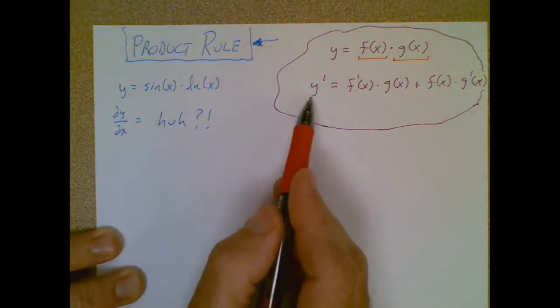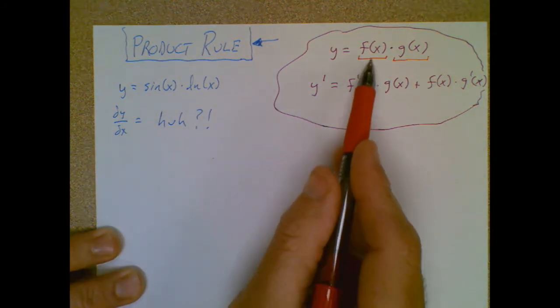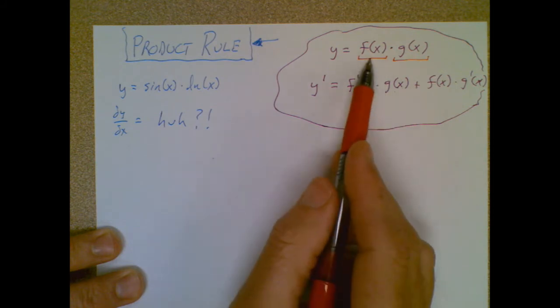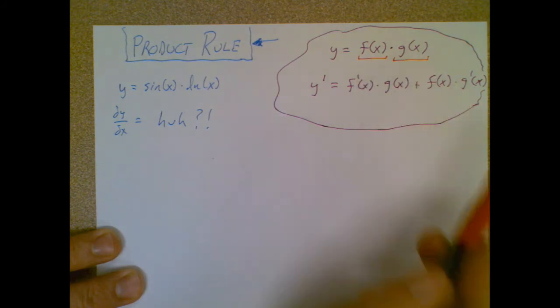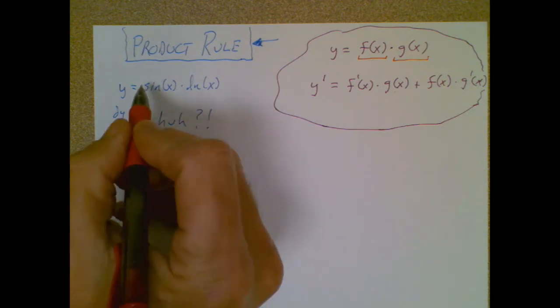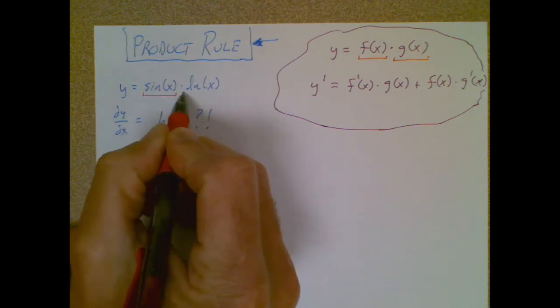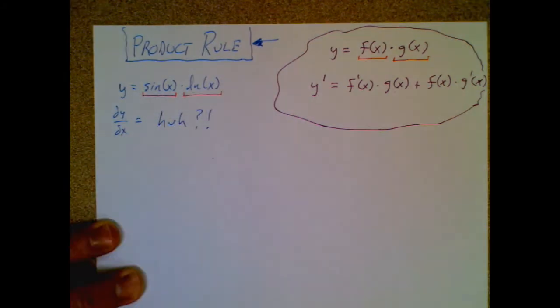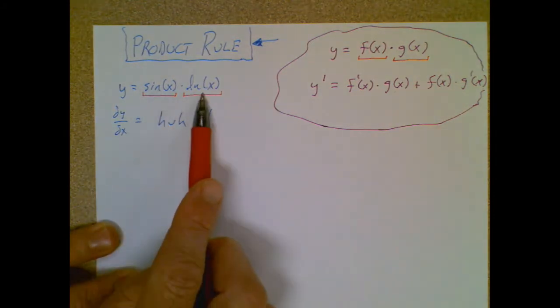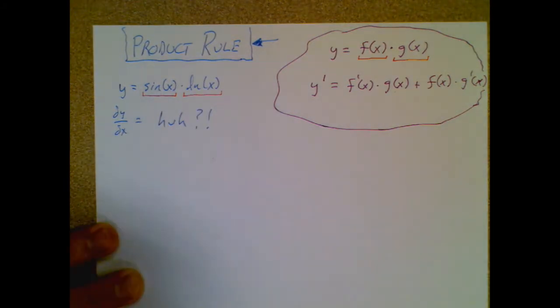The derivative is the derivative of the first piece times the second, plus the first piece times the derivative of the second. So you can see how in this problem over here, it is two functions multiplied by each other. So when you someday learn the rules for trigonometry derivatives and natural log derivatives, you can apply the product rule.